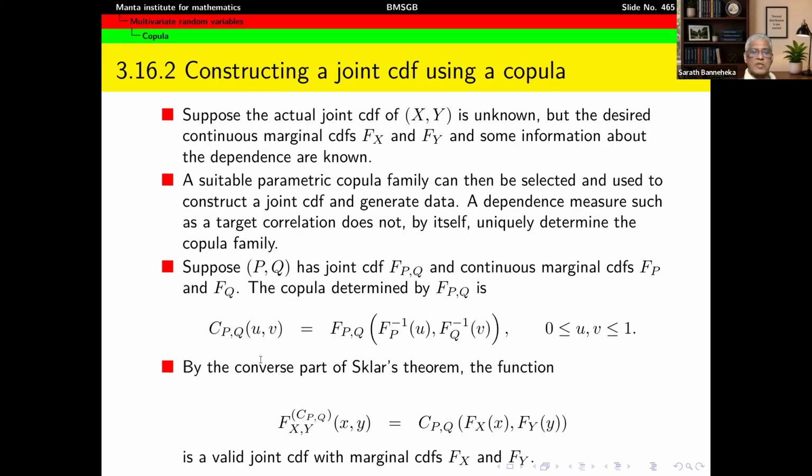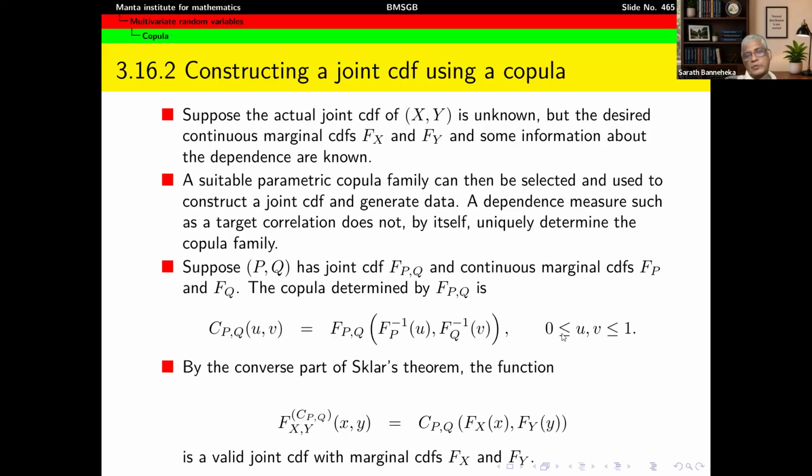So by using some known copula, we can get some joint distribution for x and y. We don't know the actual joint CDF of x and y, but using this method, we can get some joint CDF. The importance of that is that for that joint CDF, the marginal CDFs are actually the actual marginal CDFs of x and y.